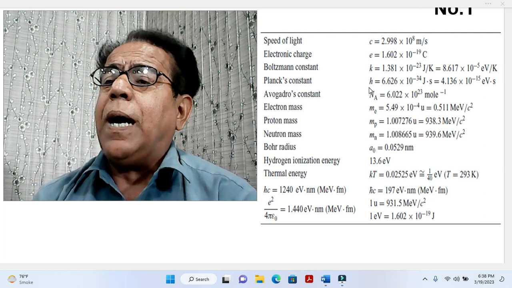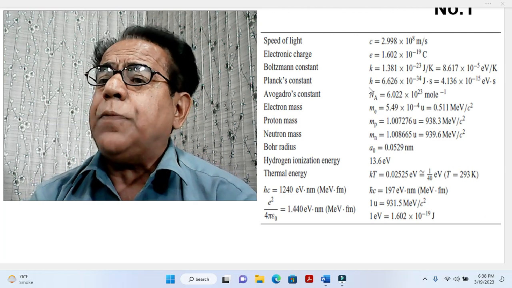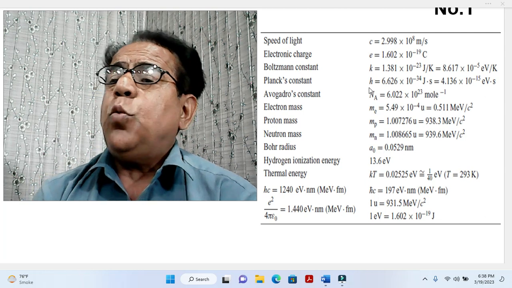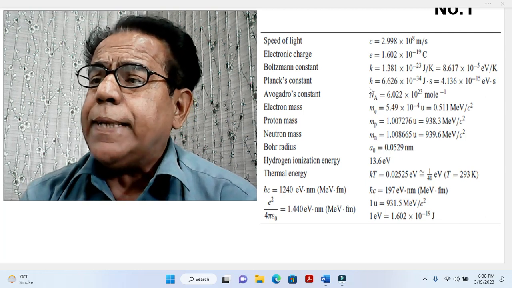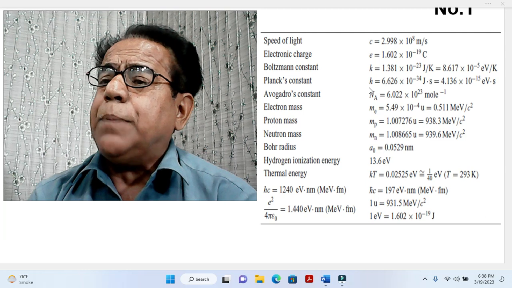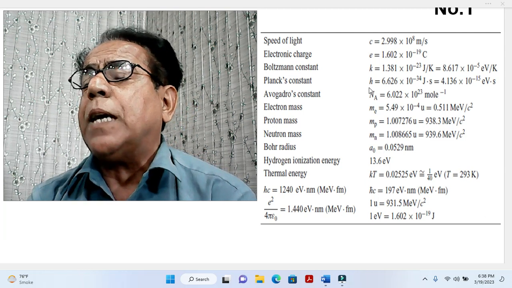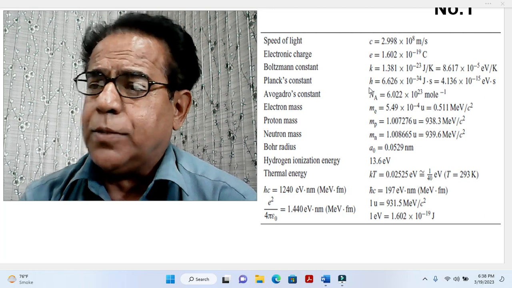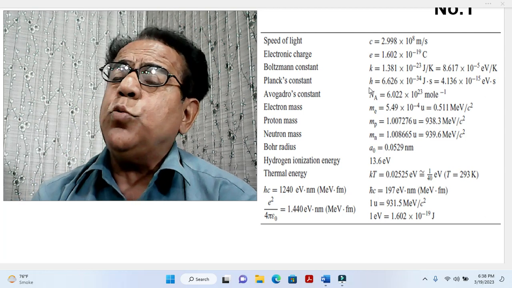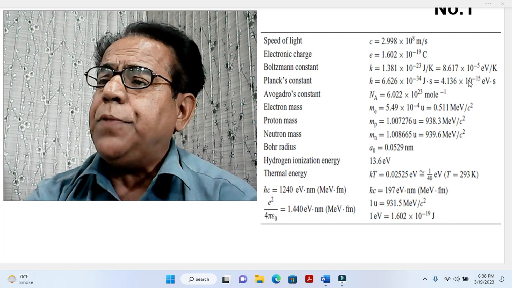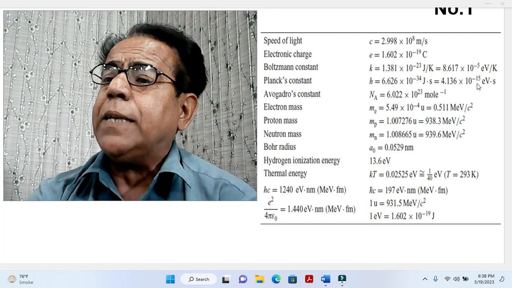Moreover, Planck's constant h is also given, and this is given in two shapes, that is in terms of joule second, and also in terms of electron volt second. Here we will use the value in terms of electron volt second. We will take the second value and we will not take this value.